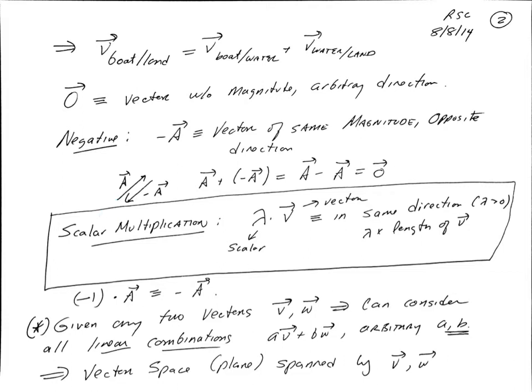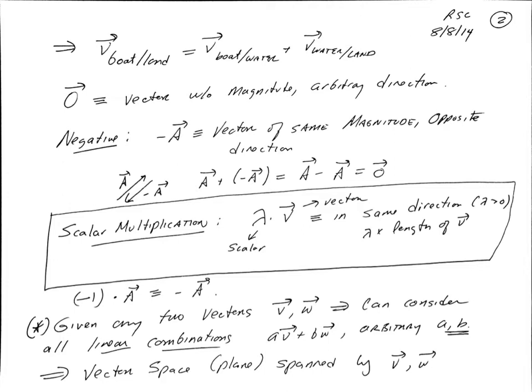In addition to vector addition, there's the concept of scalar multiplication. Here, if we start with a vector v and some number lambda, a real number that could be either positive or negative, then lambda times v is scalar multiplication. Lambda is referred to as a scalar, a fancy way of referring to a number, and v is a vector.